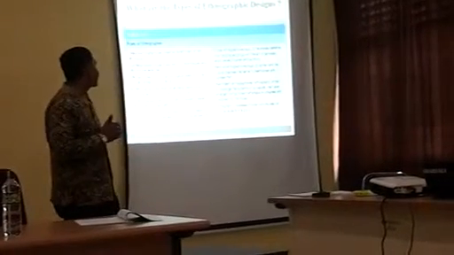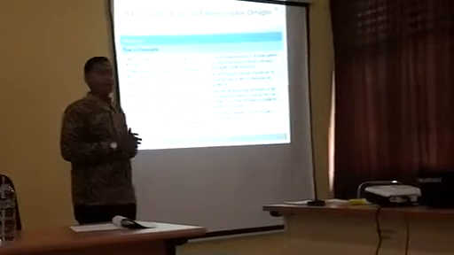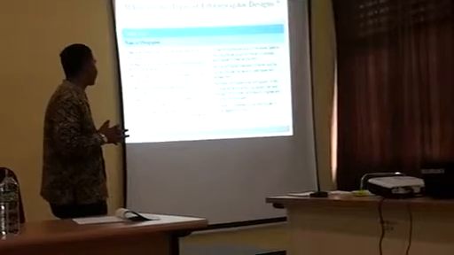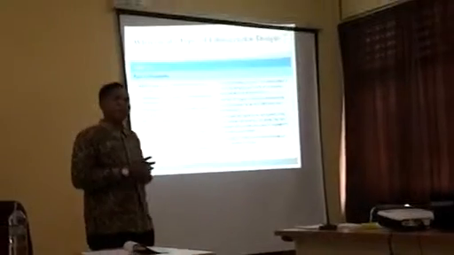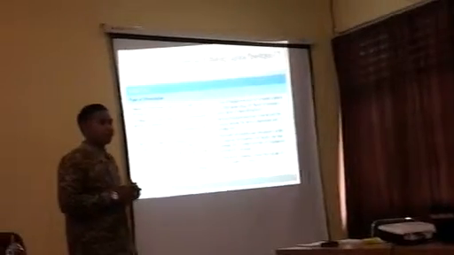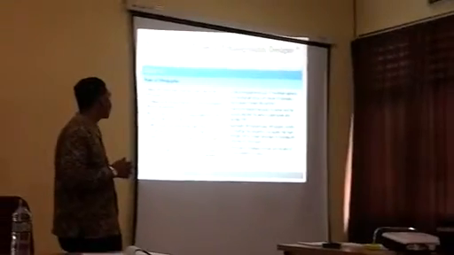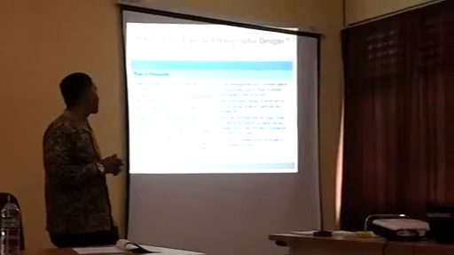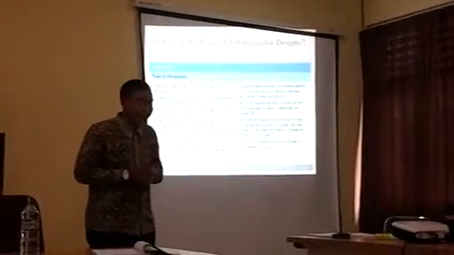The second one is conventional ethnography. It's a report of the ethnographer's fieldwork experiences. Then, life history. It's a study of one individual situated within the cultural context of his or her life.